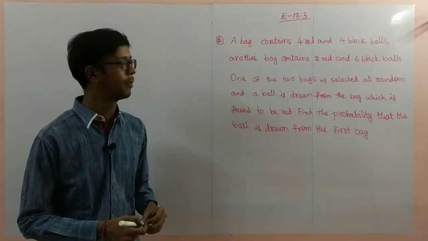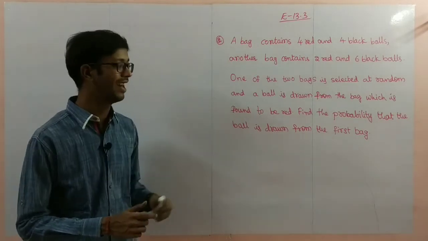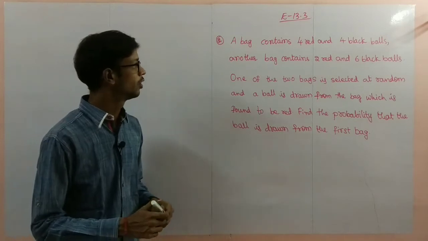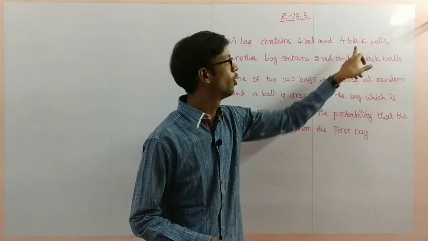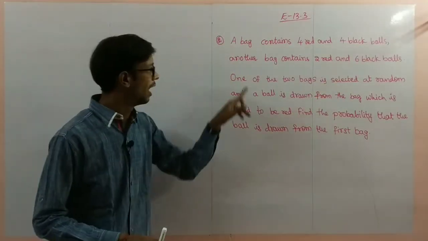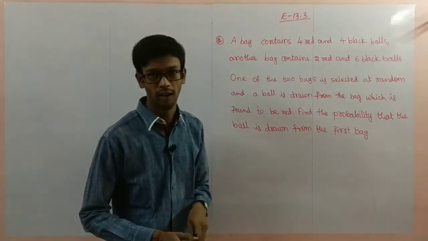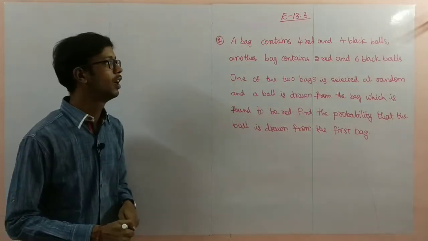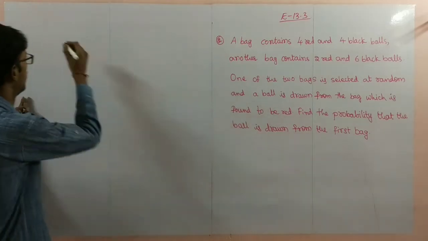Next, problem number 2 in the exercise. This is a similar problem to example 16. So now you see here, a bag contains 4 red and 4 black balls, and another bag contains 2 red and 6 black balls. I'll write down first of all these two things.